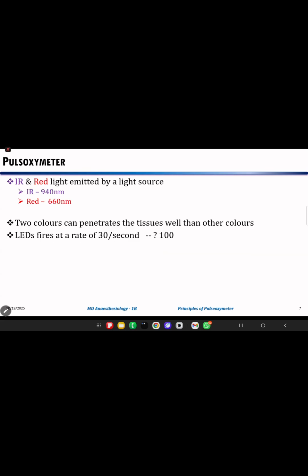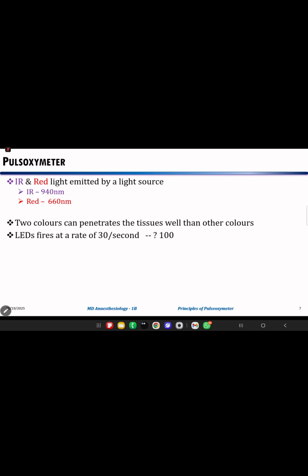And we use infrared and red lights emitted by the light source. The infrared is at 940 nanometers wavelength, and the red light is 660 nanometers in wavelength. We use these two colors because they can penetrate the tissues better than the other colors.